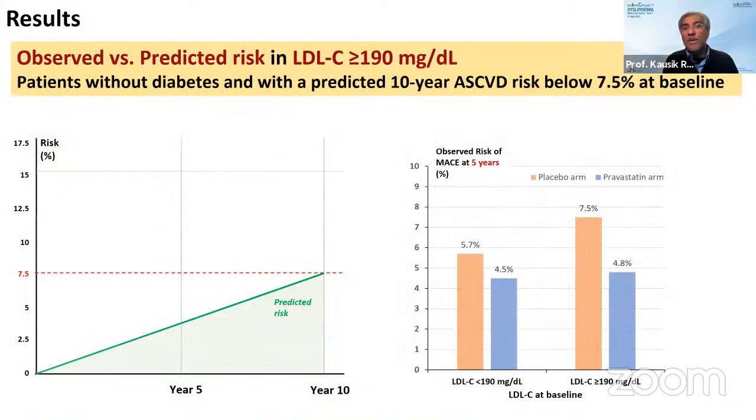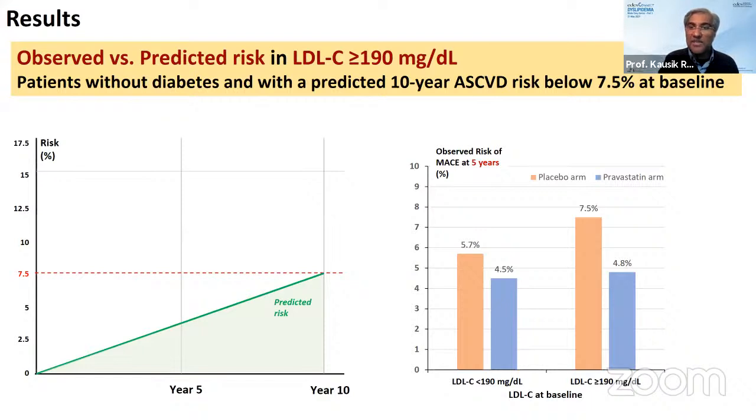The first thing we did was look at the population with an LDL above 190. If you were to put them into a risk calculator, so this is the ACC-AHA, the old pooled cohorts equation, which recommends statins for anybody with a 10-year risk above 7.5%, two thirds would have had a predicted risk below 7.5%.